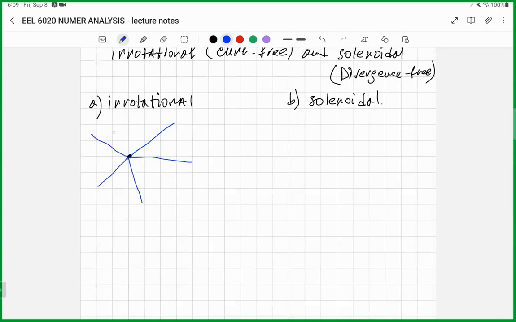So right now I'm trying to avoid these names of the fields, because this theory works for any types of fields, for acoustical fields, for hydrodynamics, for any types of fields, for deformations.